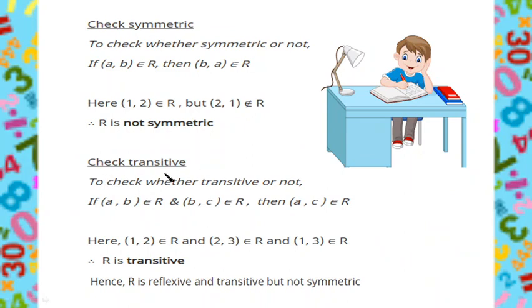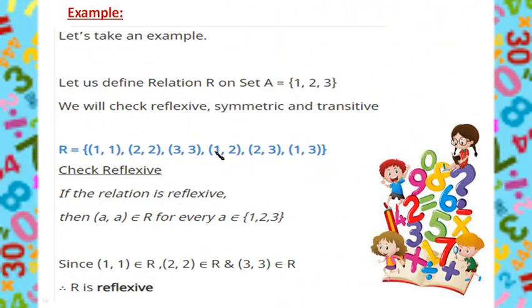Now let's check transitive. If (a, b) belongs to R and (b, c) belongs to R, then (a, c) should belong to R. Here (1, 2) belongs to R, (2, 3) belongs to R, then (1, 3) is also there in the relation. Again, let's have a look at the relation. We have (1, 2) in the relation, meaning (a, b). Then (b, c) means 2 and some other number, so (2, 3) is also there in the relation.